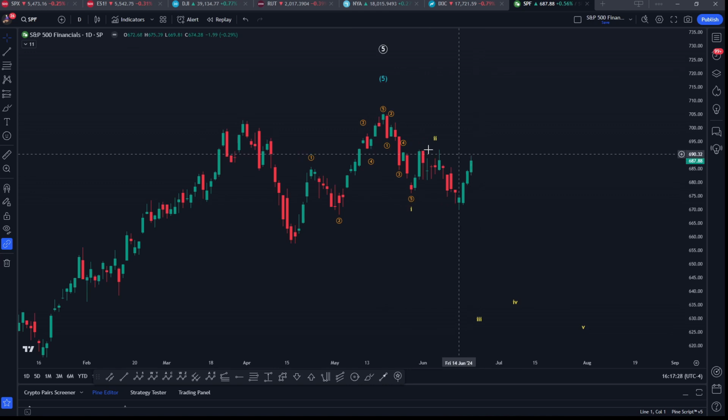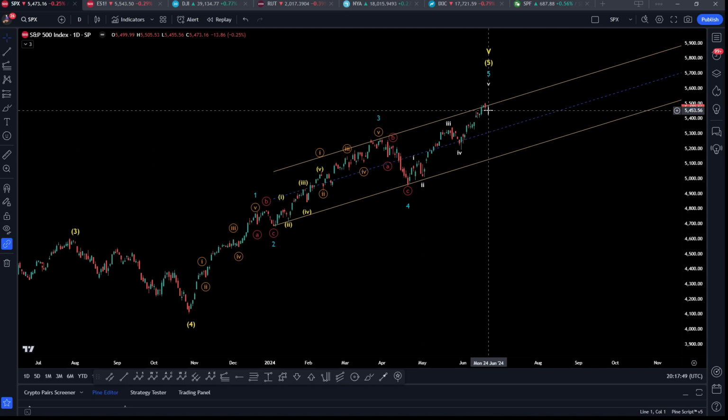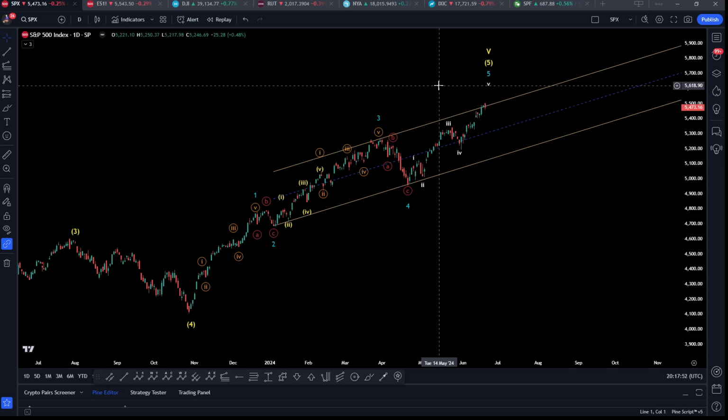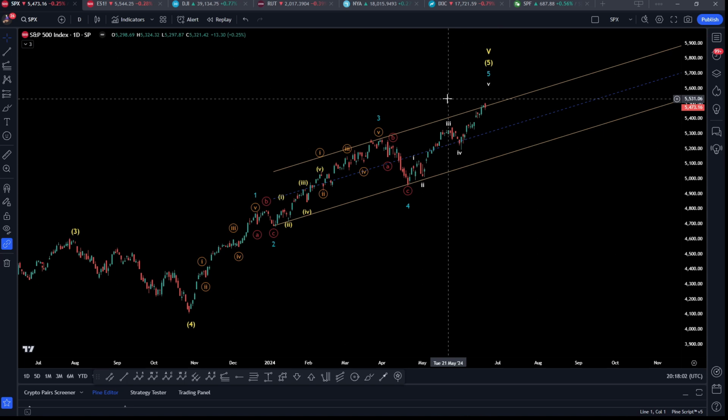A subset of the S&P 500, the entire financial sector of the S&P 500, not confirming the high. Which means that this advance is extremely narrow. Very narrow advance. Only a handful of stocks are pushing this advance. That is not a healthy advance, which is why I am warning all of you about this analysis.